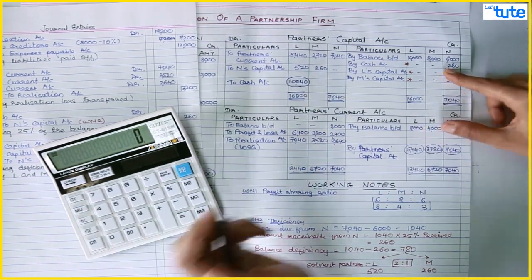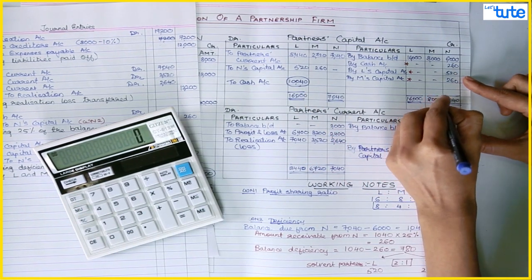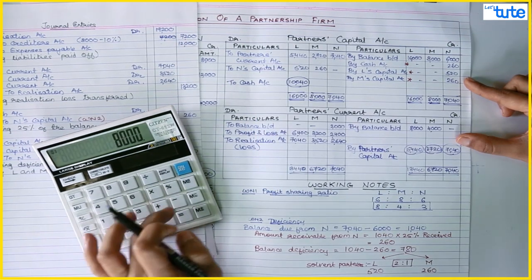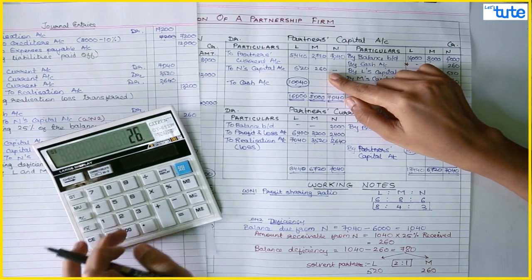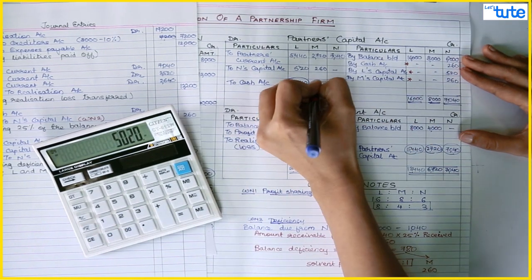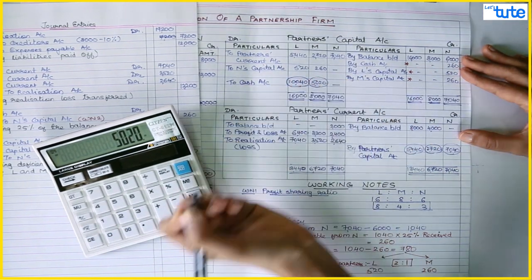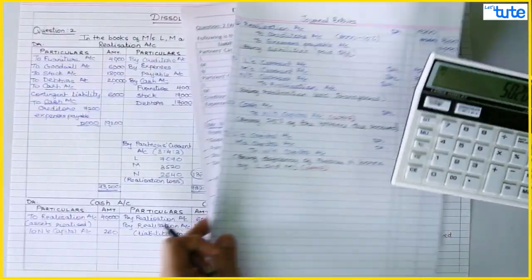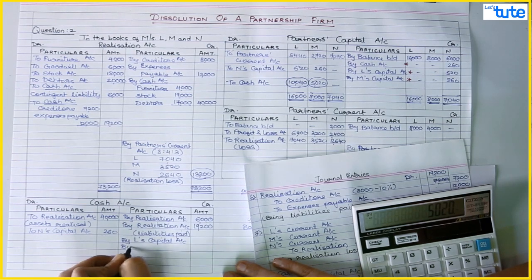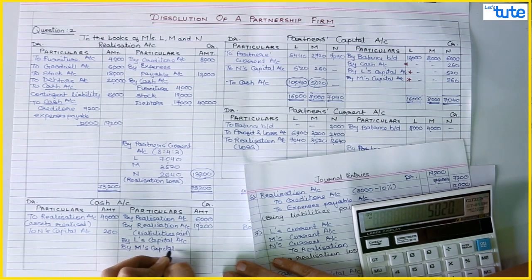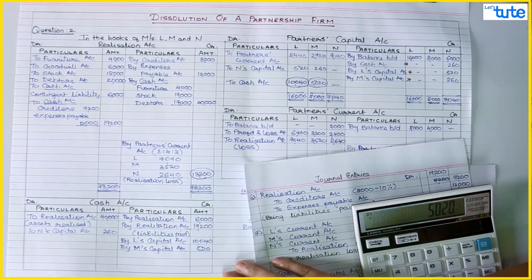And for M also the credit balance is more. 8,000 minus 2720 minus 260. So that comes to 5020. This is also paid through cash. And second, it goes to cash account by L's capital account, by M's capital account, 10,040 and 5020.